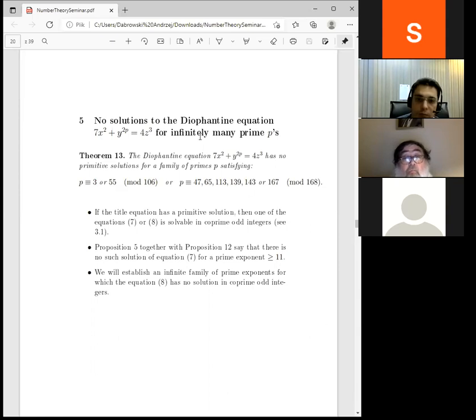So we can prove, using the so-called symplectic method, that this Diophantine equation has no non-trivial solutions for a positive proportion of primes, more precisely for primes p belonging to such arithmetic progressions.